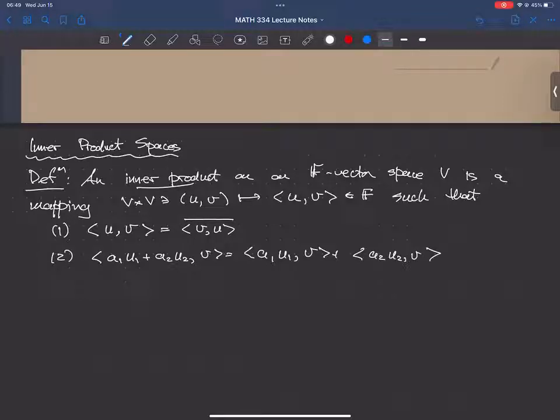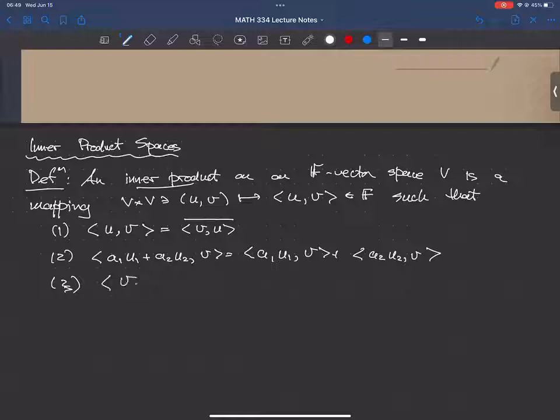So this is linearity with respect to addition and scalar multiplication in the first entry, and you don't quite have linearity in the second entry, at least in the complex case, and we'll talk about that.